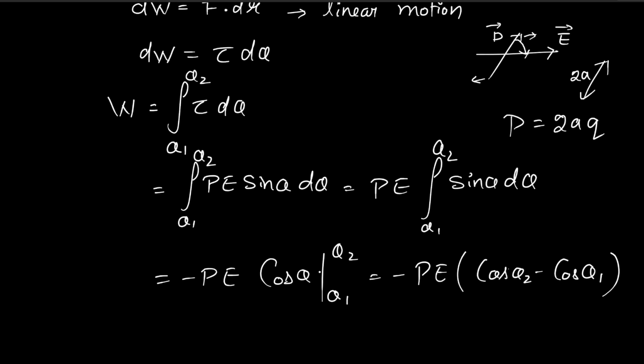You can also make some special cases by taking theta 1 equal to 90 degrees and theta 2 equal to theta only. Then the work done is nothing but the potential energy, since the work done is stored in the form of potential energy.